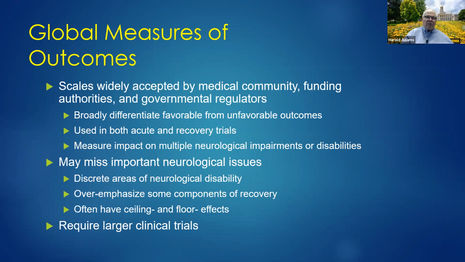Some of these have ceiling and floor effects, and generally a global outcome measure is going to require a clinical trial that is larger in size. We'll go from a small study of maybe 100 patients to all of a sudden 250 or 400, based on the type of scale that's going to be used.